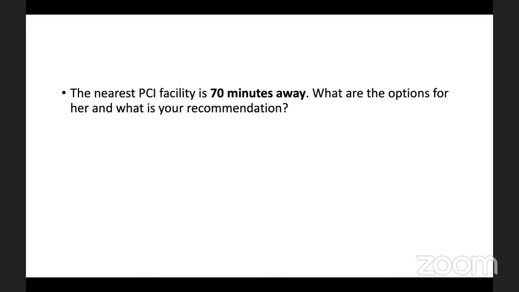So we have first medical contact to the needle, which is 60 minutes, and then to PCI 90 minutes. First medical contact to the door of the cath should be?